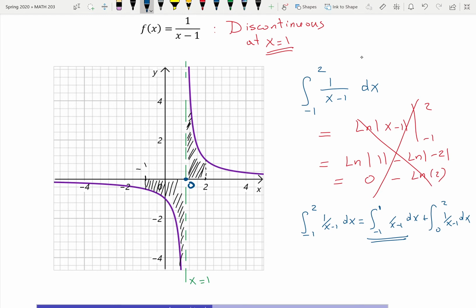I mistyped this earlier, so this is 1. Both integrals have problems at 1.